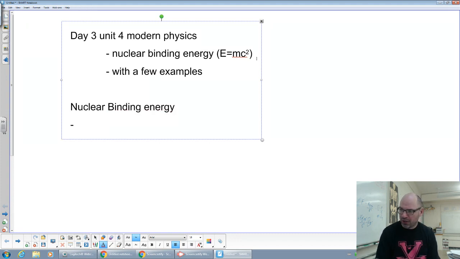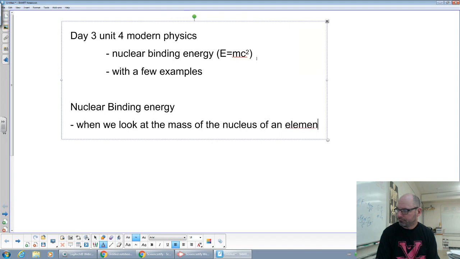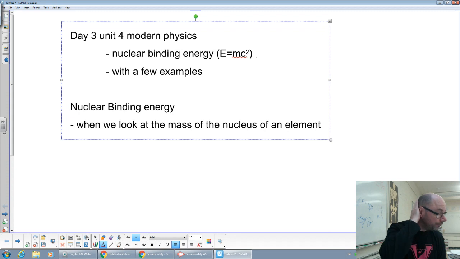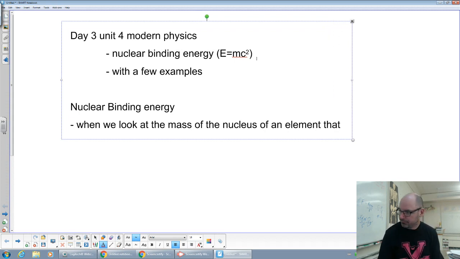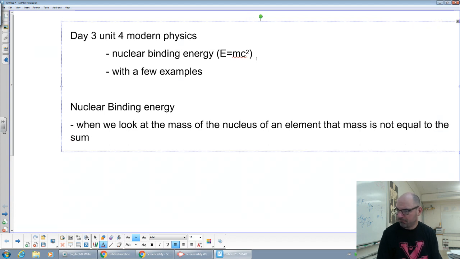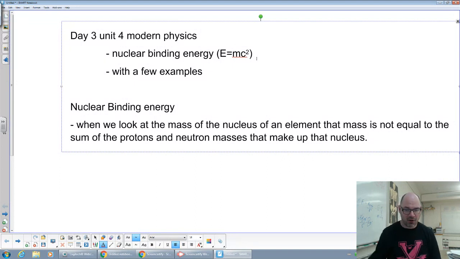When we look at the mass of the nucleus of an element, that mass is not equal to the sum of the protons and neutrons masses that make up that nucleus. Okay, so that was the anomaly.